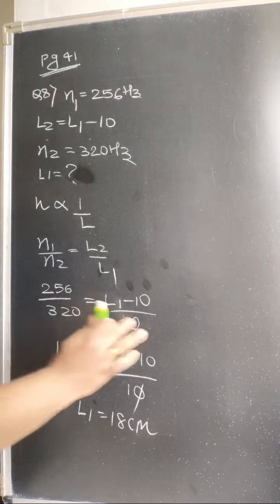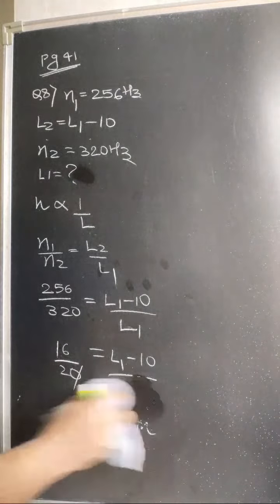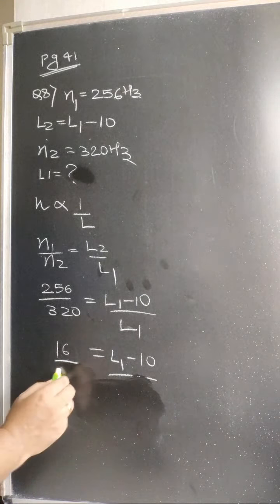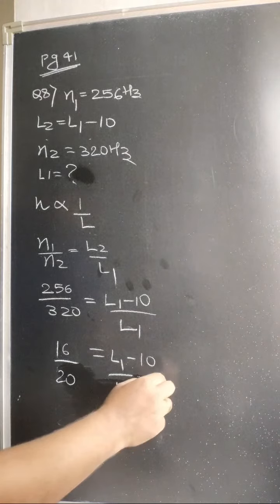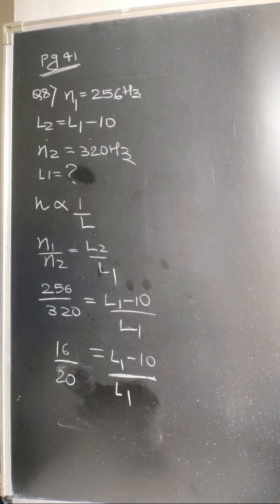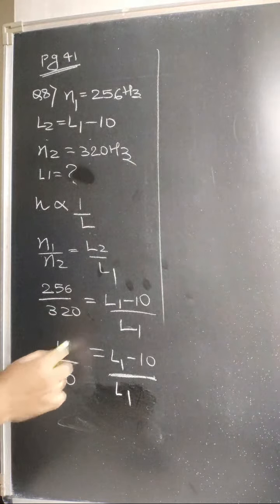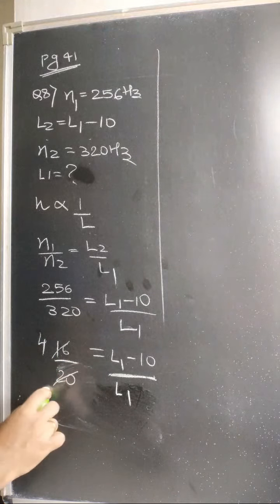Okay, L1 is not 10. Correct. This is L1 only. That's an error from my end. I have rectified it. Now just cross multiply this and you will get the answer. If you want, you can divide this by 4, 4 4s and 4 5s.